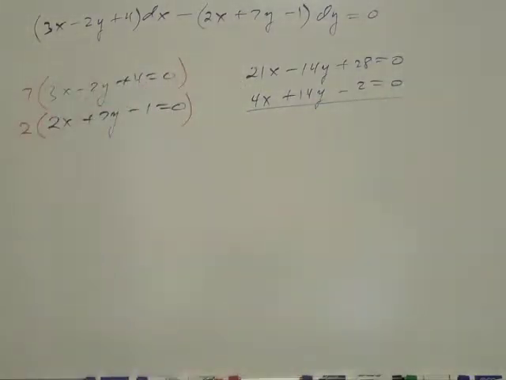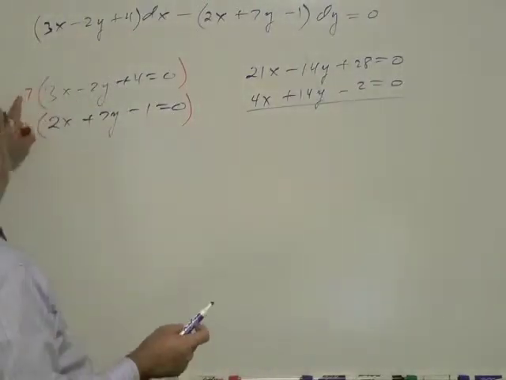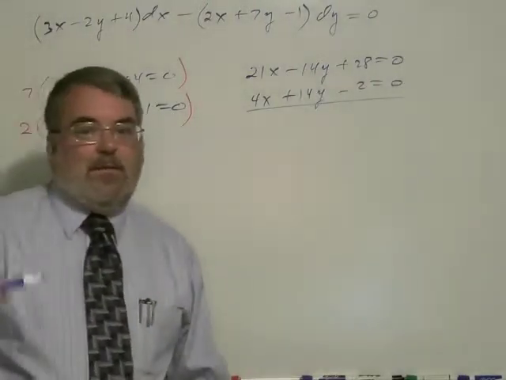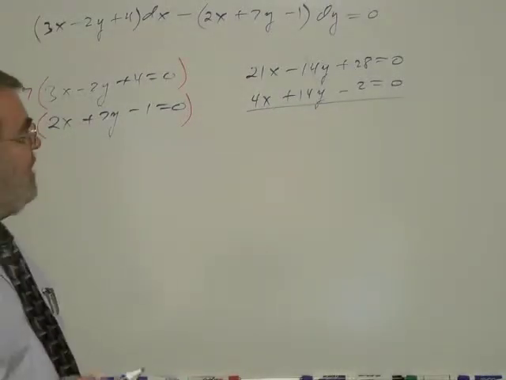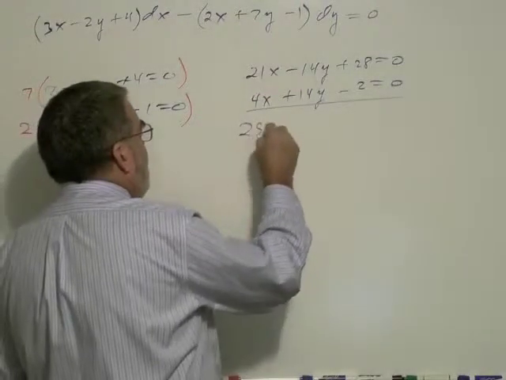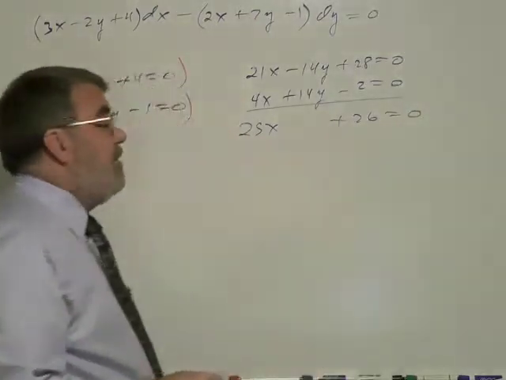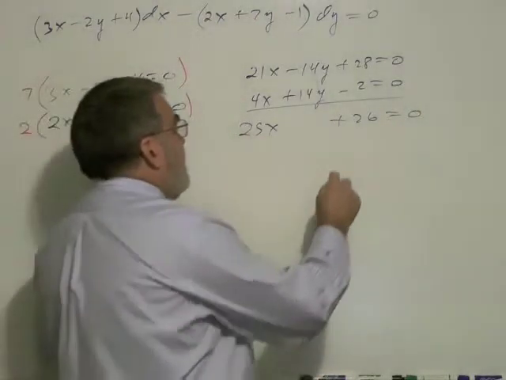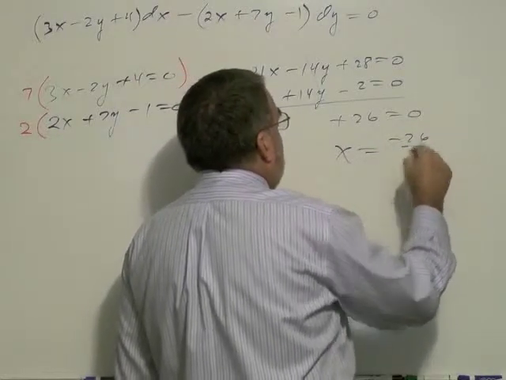When we combine these equations together, the y's cancel. That was the purpose of choosing these numbers. I don't know how rusty you are at doing these, but I'm sure you've done these before somewhere in your past. So we get 25x plus 26 equals 0, and solving for x, x would have to be negative 26/25.